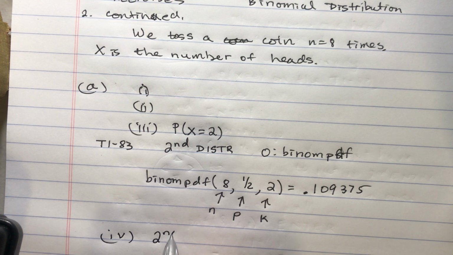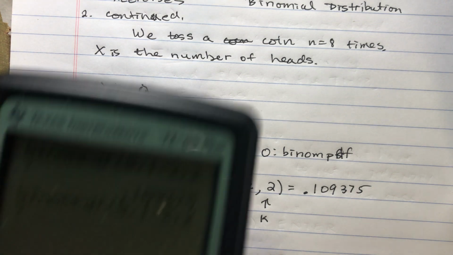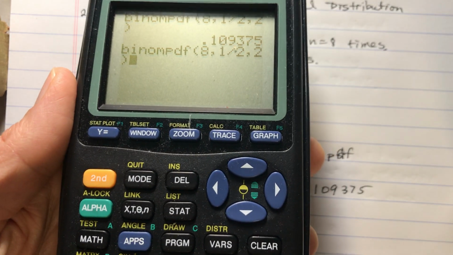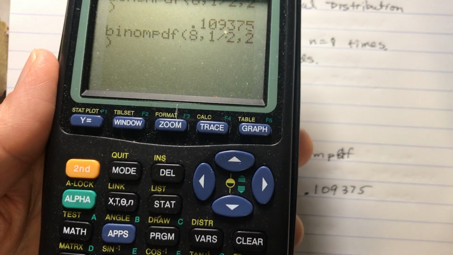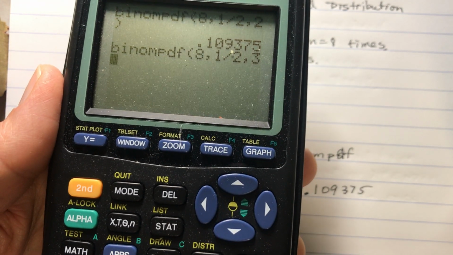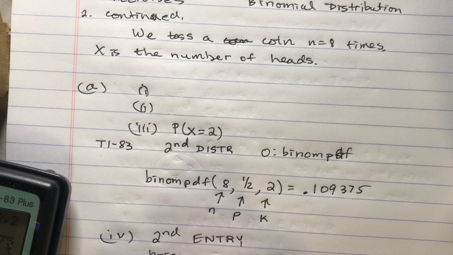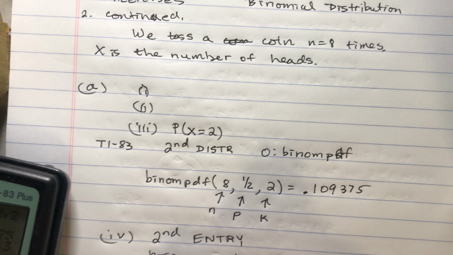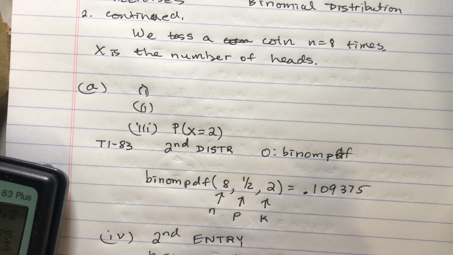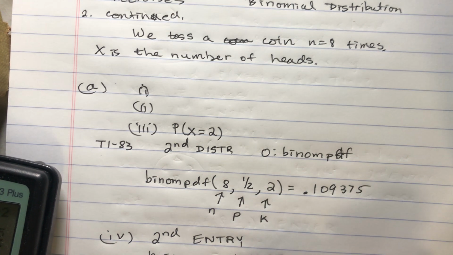And then you just continue doing this. But the way I'm going to do this, I'm going to do second entry to bring up the same thing, and then you take your toggle and you toggle over and you change that 2 to a 3. So if you do the second entry, you're going to get binomial PDF 8 1/2 2.